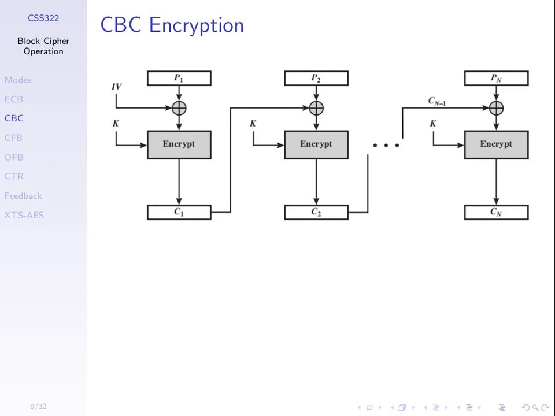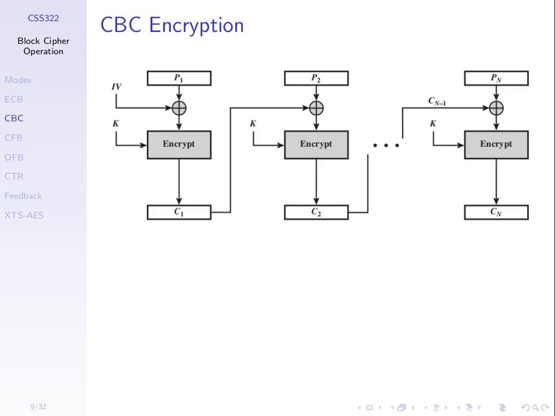This avoids that problem. If P1 is the same as P2, what do we get? P1 XOR with the initialization vector. We encrypt that. We get some output C1. P2, which is the same as P1, XOR with C1. The only way that C2 and C1 will be the same is if the initialization vector and C1 are the same. If IV is the same as C1, then C1 and C2 will be the same.